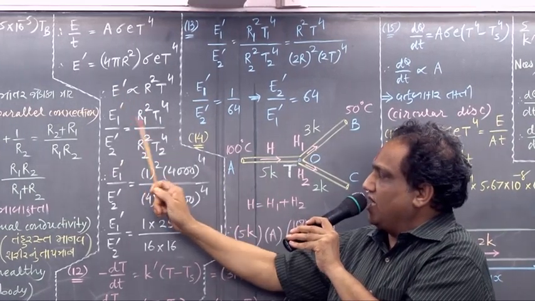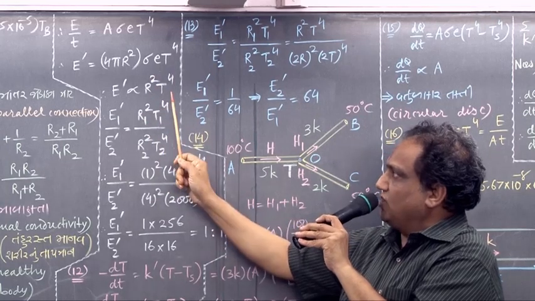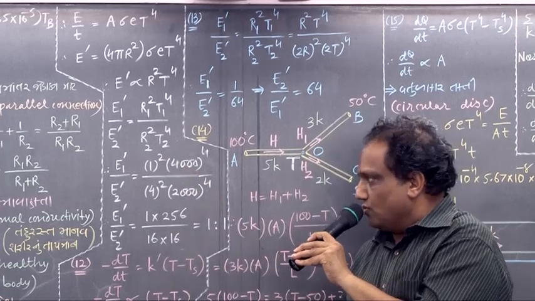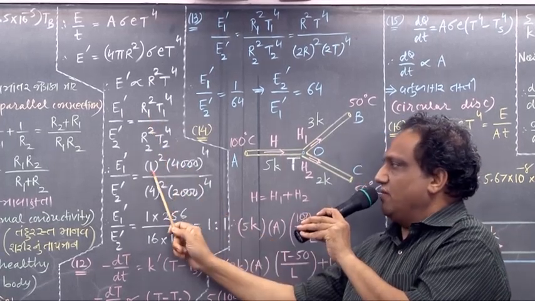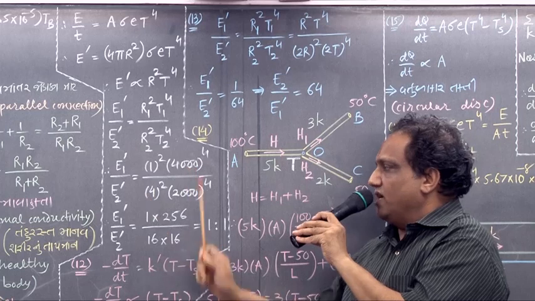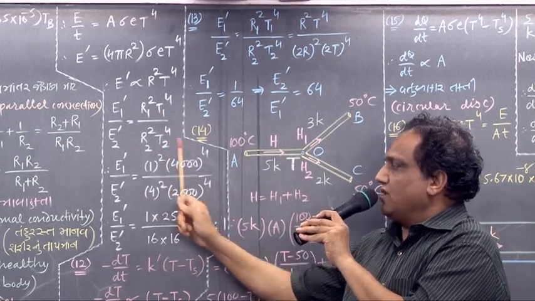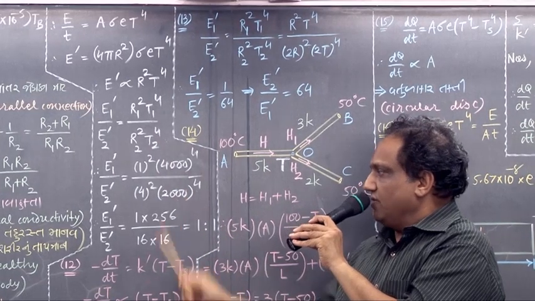When you are talking about direct proportionality, then E1 dash upon E2 dash equals R1 raised to 2 T1 raised to 4 upon R2 raised to 2 T2 raised to 4. First radius is given as 1 meter, second radius is 4 meter, first absolute temperature is 4000 Kelvin, second absolute temperature is 2000 Kelvin. Simplify.